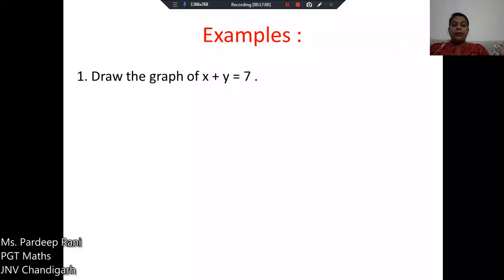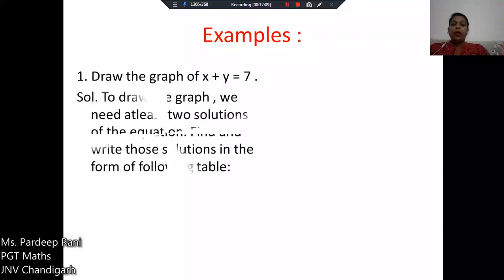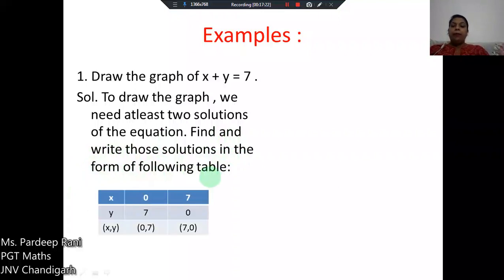I am taking one example. Draw the graph of the line x plus y equal to 7. To draw the graph, we need at least two solutions of this equation. Find and write those solutions in the form of the following table.